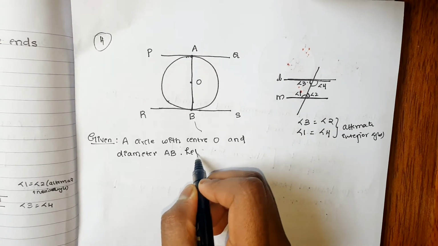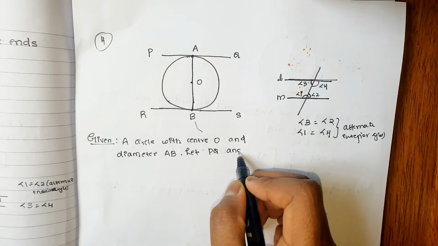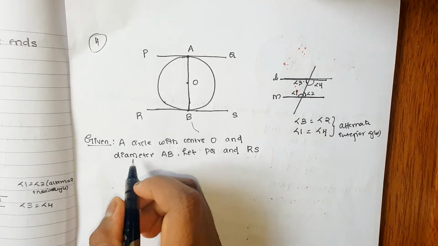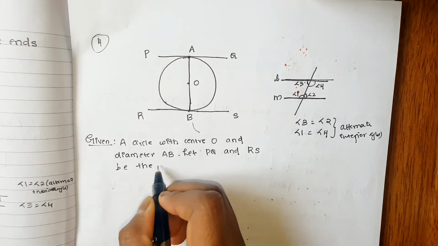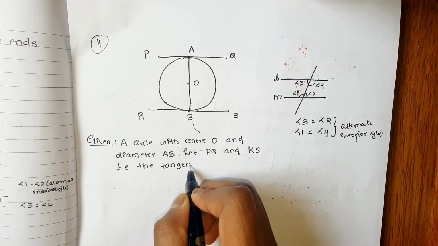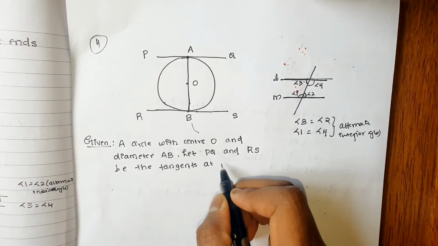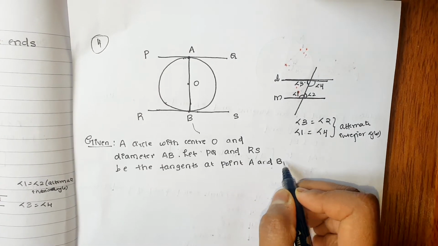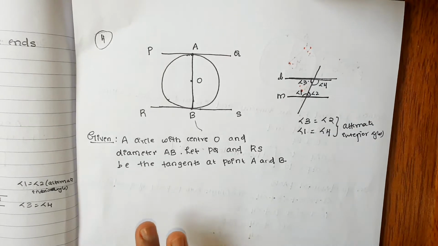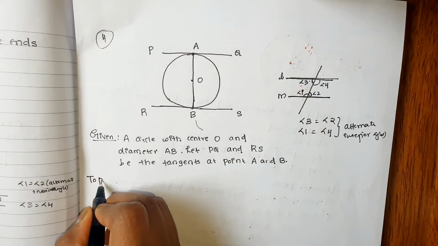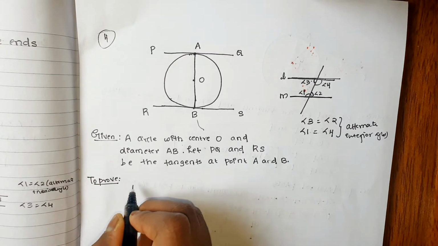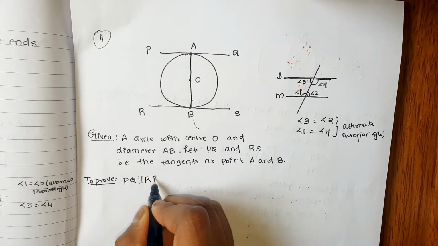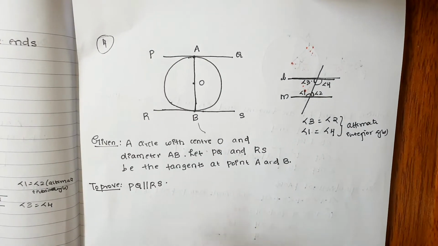Let PQ and RS be the tangents at points A and B. So this is given in the question. What we have to prove: PQ is parallel to RS. Next is the proof.